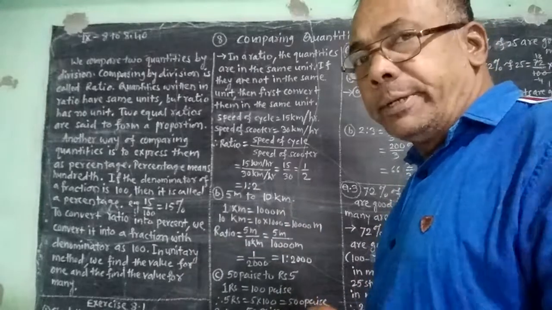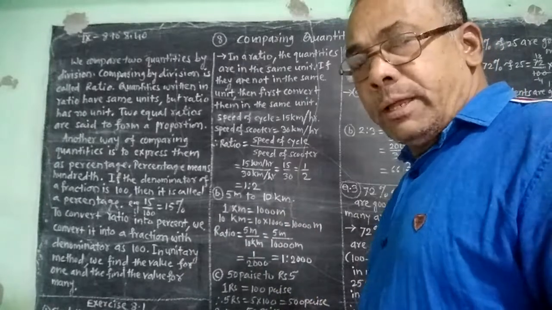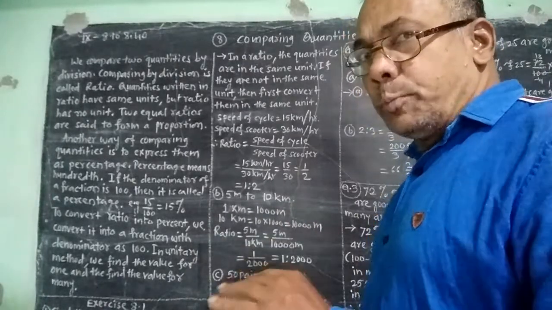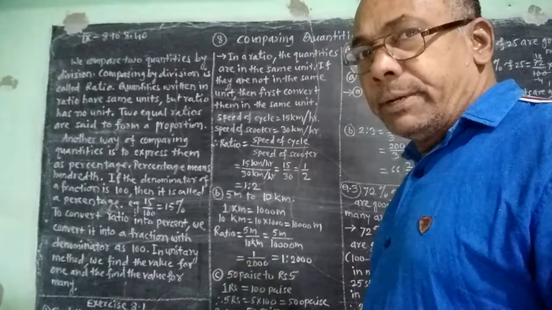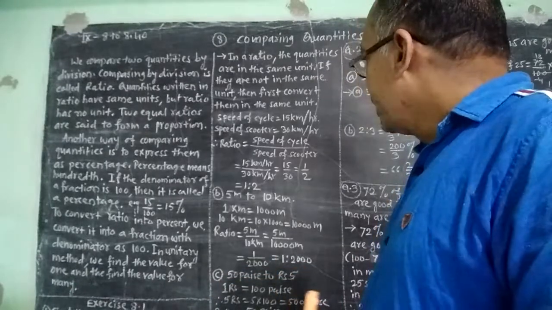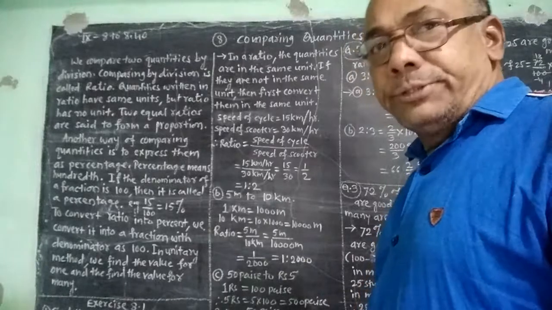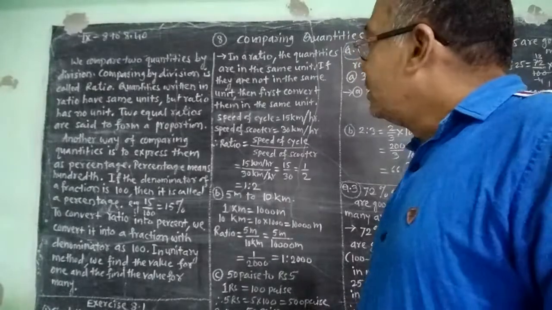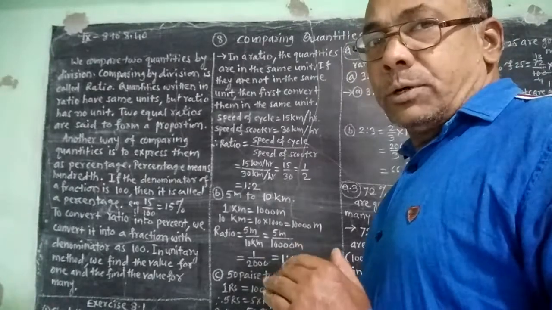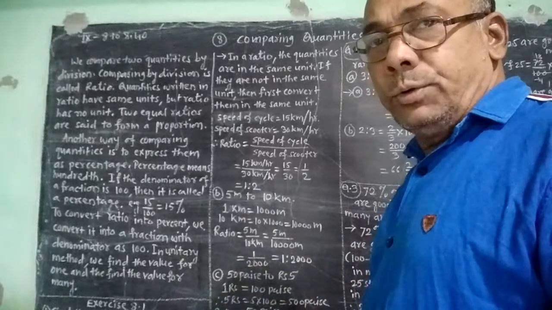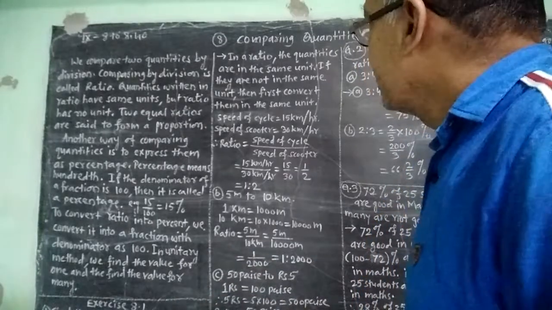For example, kilometer can be converted into meter, or rupees can be converted into paise, as well as meter can be converted into centimeter. Means the larger unit can be converted to the smaller unit.